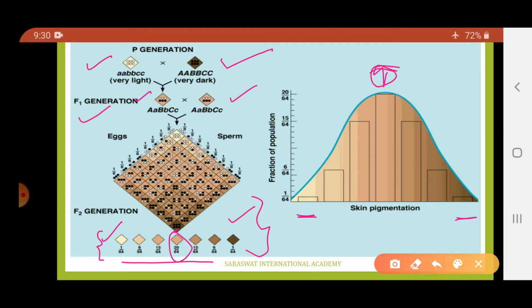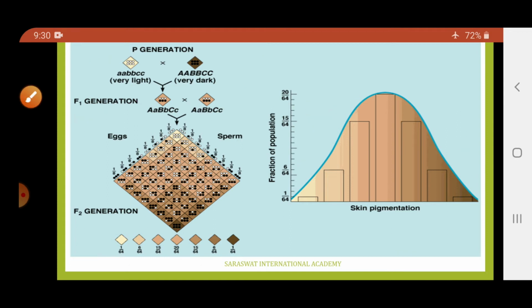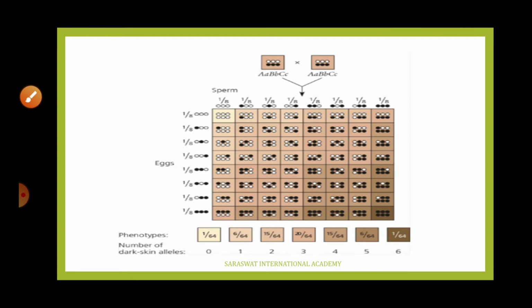On this side there are more recessive genes, and on this side there are more dominant genes, right? Next slide, here we can see the same thing. It will be more clear to you.